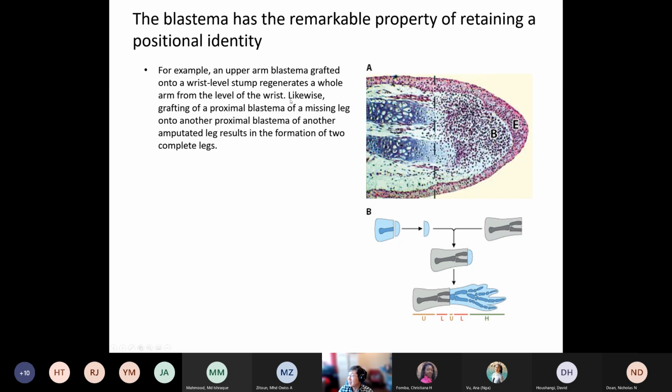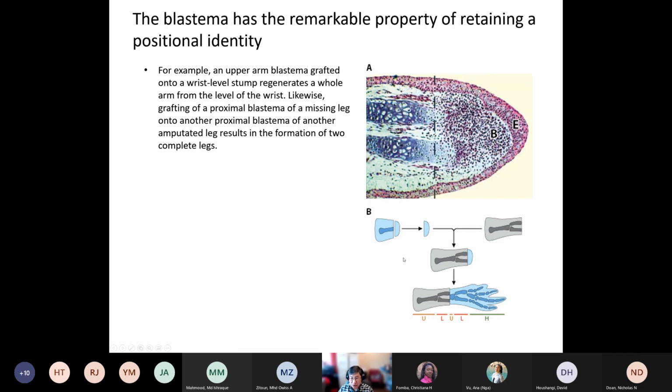And similarly, like I put in text there, if you do an identical cut, you're going to form two blastemas, right? In one individual you do this upper arm amputation, in another animal you do the same upper arm amputation.